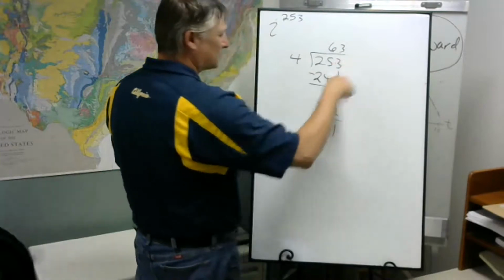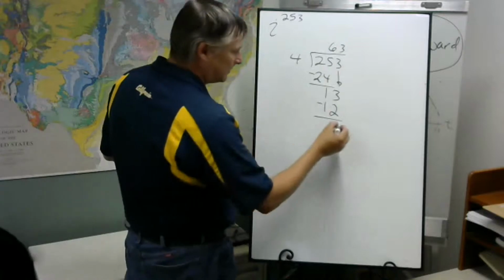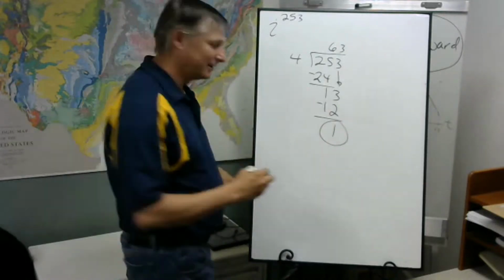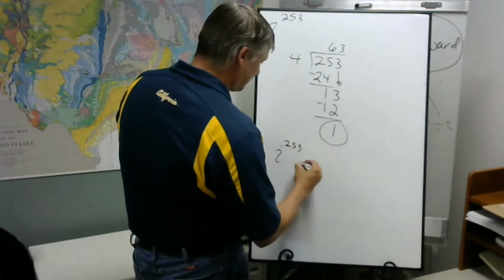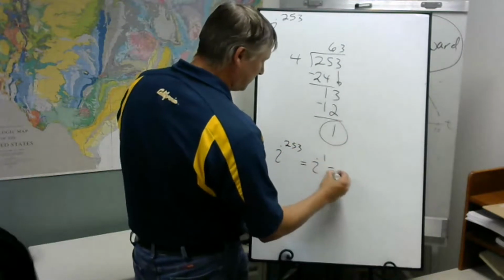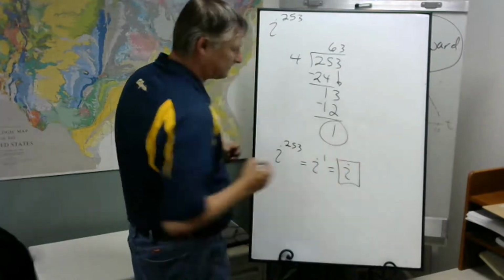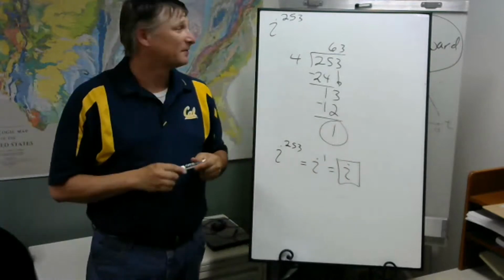Subtract, it's 1. There are no more numbers to bring down. We're not going to try to do anything with decimals. So this is the remainder. According to our trick, i to the 253 is equal to i to the 1, which is just i. And so this is going to be our answer.